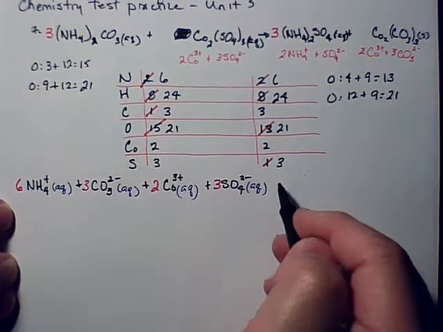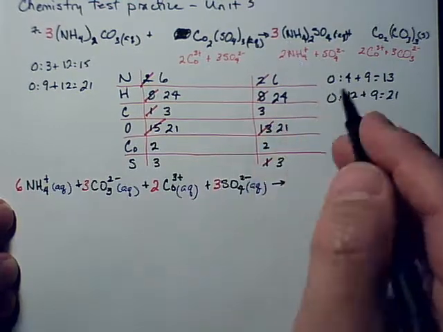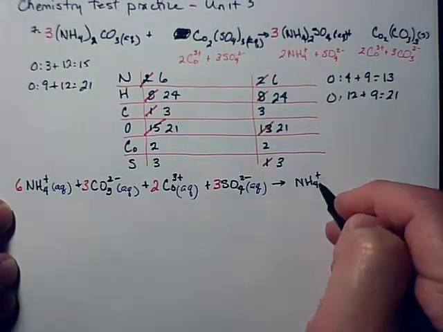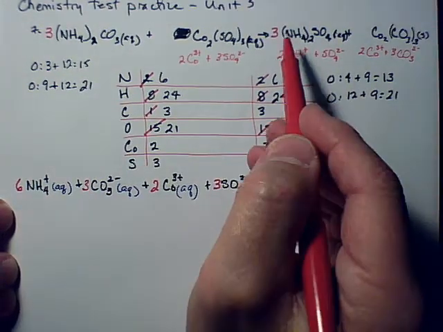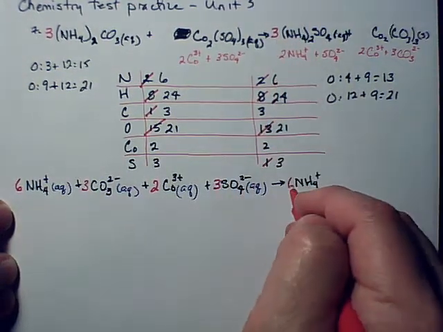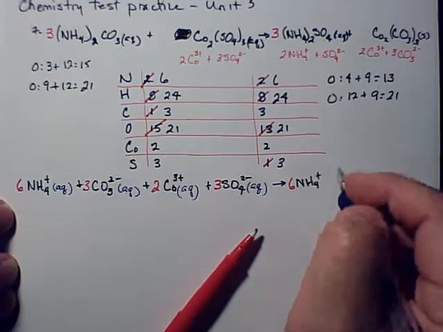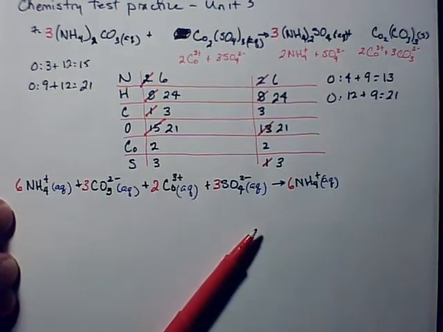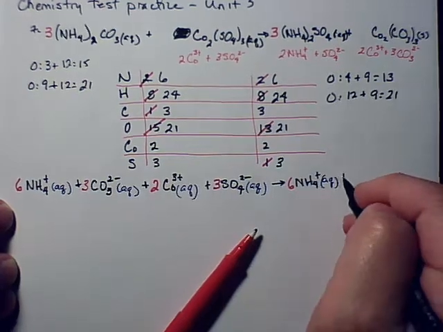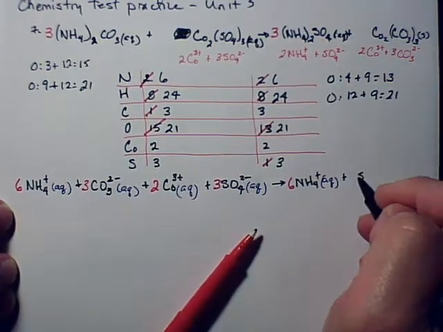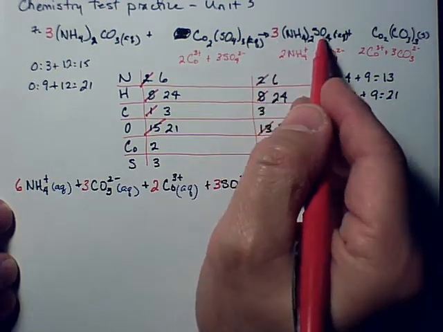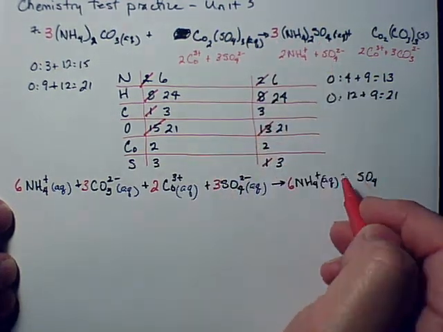Now we come to the other side of the equation. I've got ammoniums. And I have 6 of them. They're aqueous. And I have sulfates, and I have 3 of those.